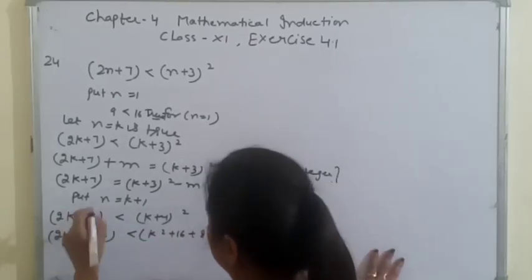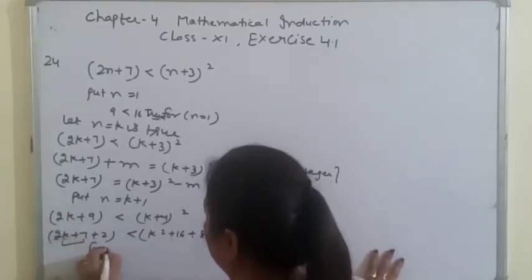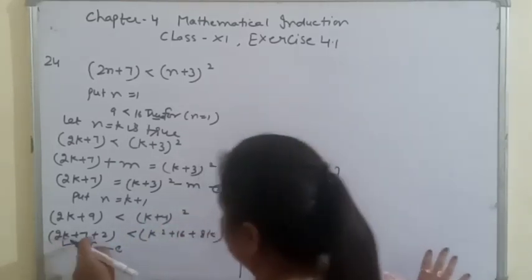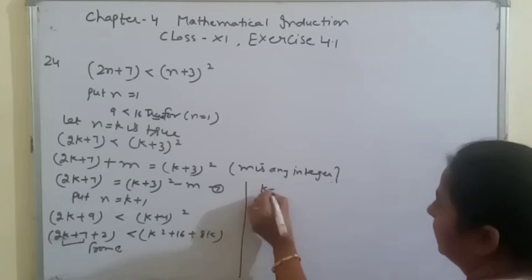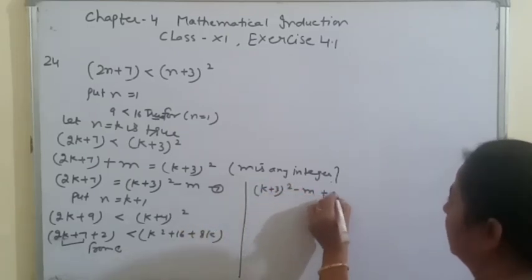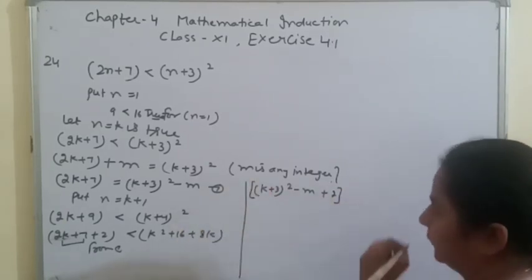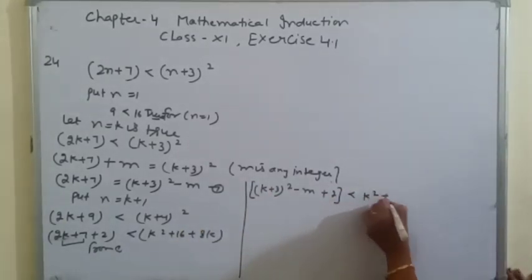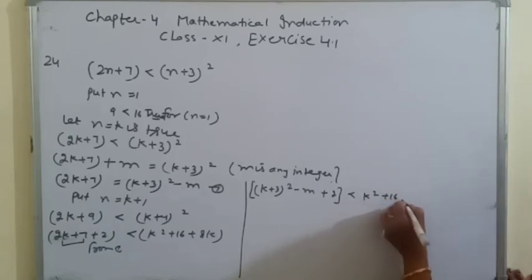From equation 1, in place of 2k plus 7 we can write k plus 3 whole square minus m plus 2, less than k square plus 16 plus 8k.